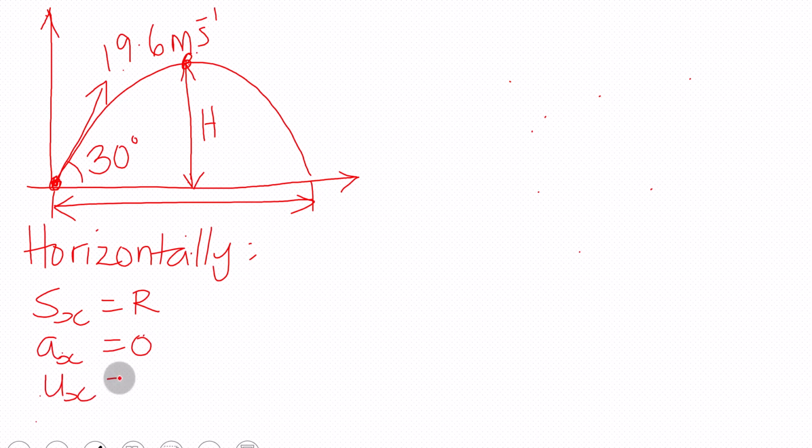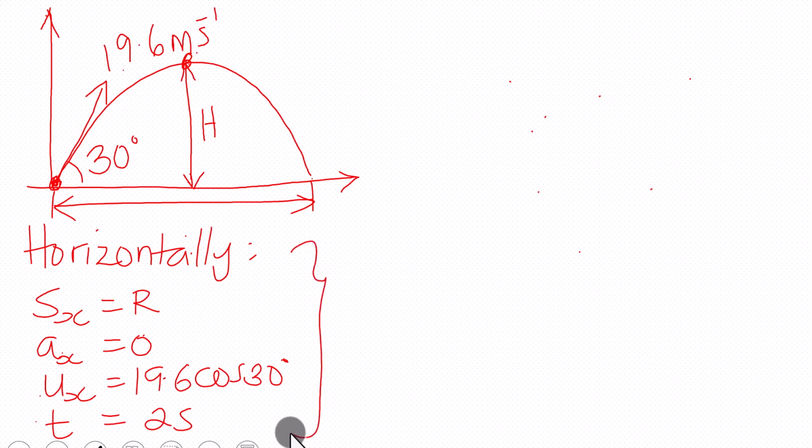U in the x, we know it is 19.6 cos of 30 degrees, and our time taken to reach that point will be 2 seconds. This time from here up to here is the time of flight. So using this information, it is enough for us to calculate the range.